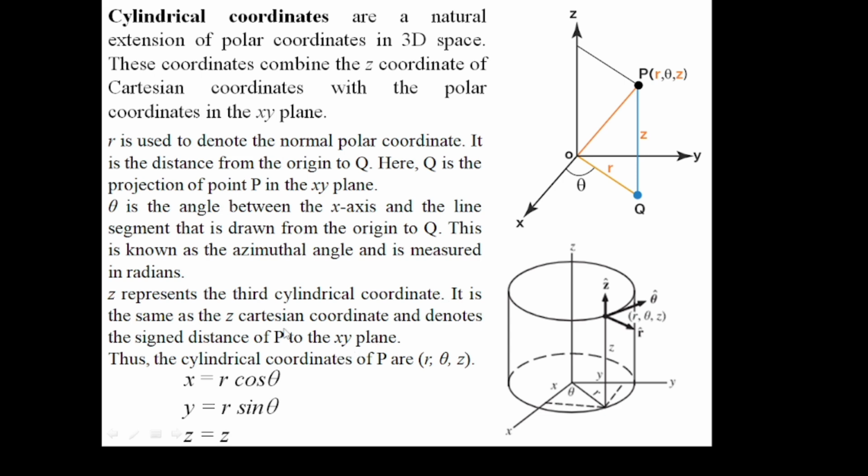It is the same as the Cartesian z coordinate and denotes the signed distance of P to the xy plane. So the cylindrical coordinates of P are r, theta, z, and the relation with x, y, z is x is equal to r cos theta, y is equal to r sin theta, the same as the polar coordinates, and z of the cylindrical coordinate is equal to the z of the Cartesian coordinate.